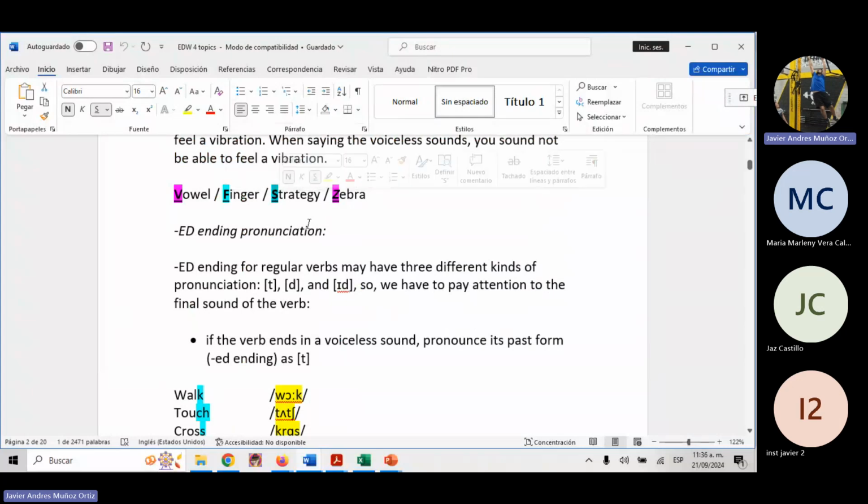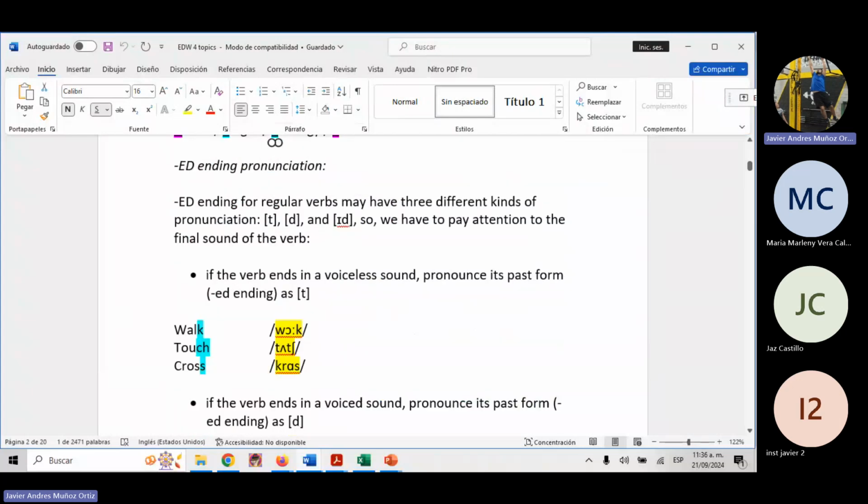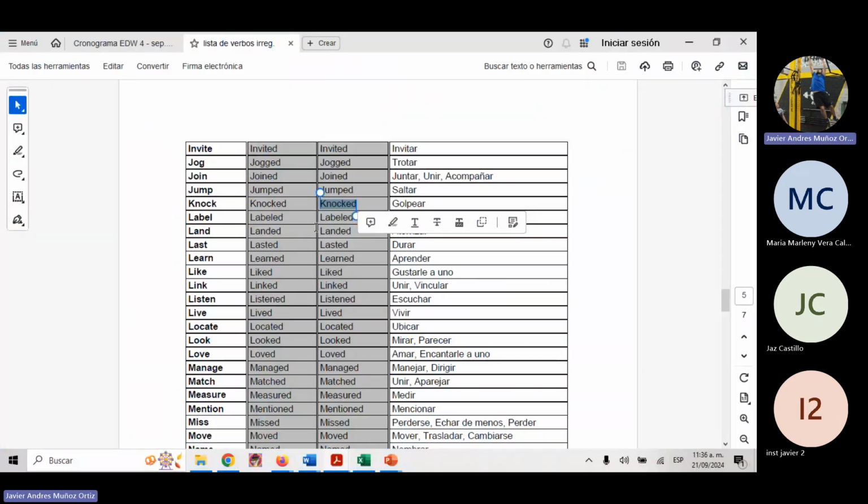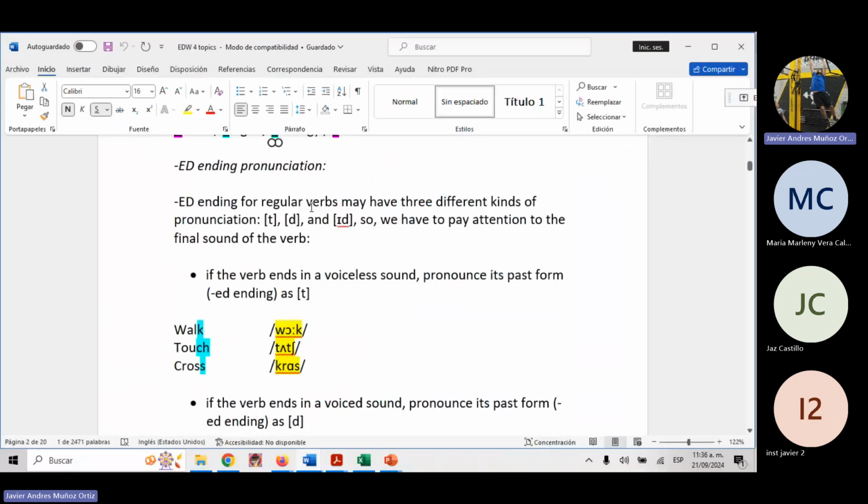right? So this is important because of the ed ending pronunciation, because we know that this verb is knock, but the past form is going to sound slightly different. We're going to have three different pronunciations: t, d, or id.